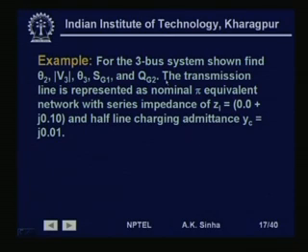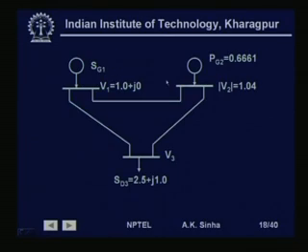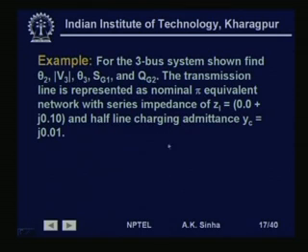Now, the transmission lines that we have in this system: a transmission line between 1 and 2, a transmission line between 1 and 3, and another transmission line between 2 and 3. All these transmission lines are represented as nominal pi equivalent networks.